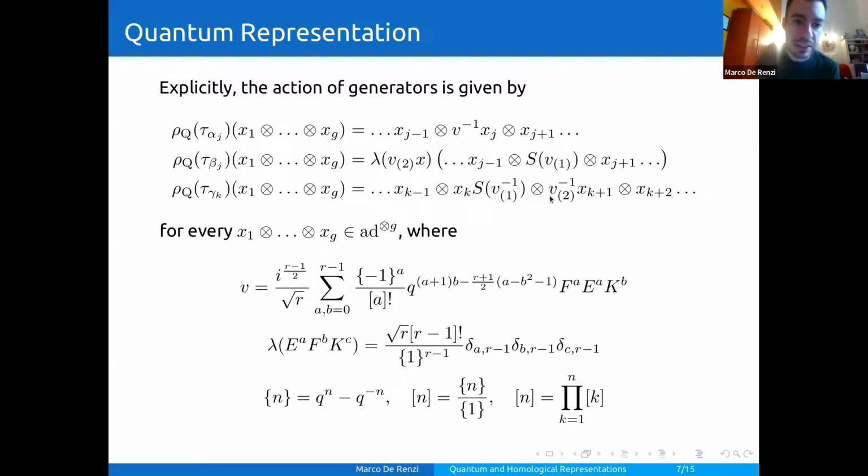What's important is that they're all in terms of this element V, which is defined here, and this linear form lambda, which is defined here. These are called the ribbon element and the left integral of the quantum group, respectively. These can be defined in, well, for finite dimensional ones.